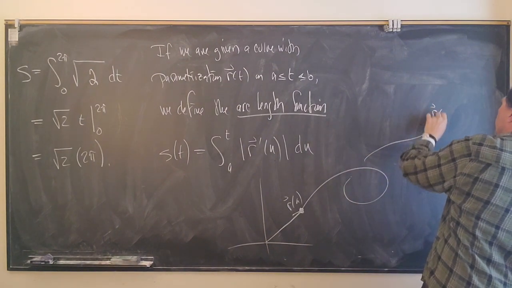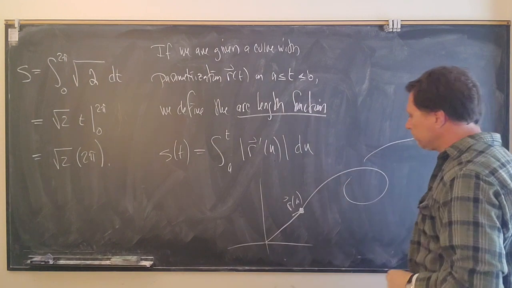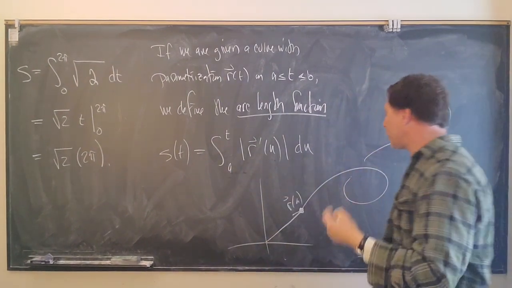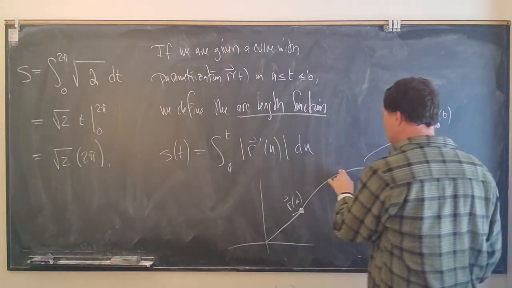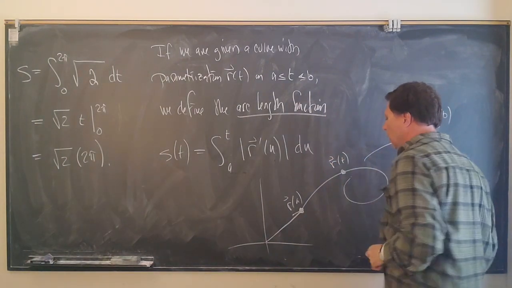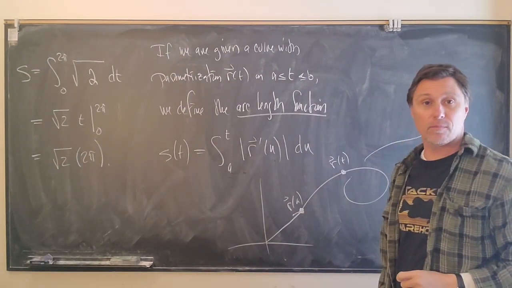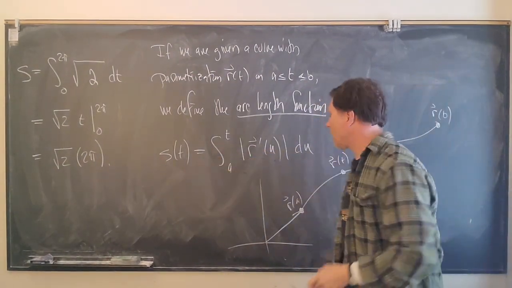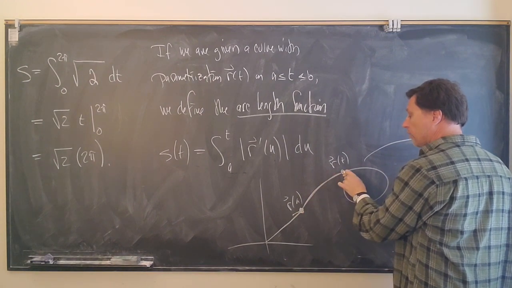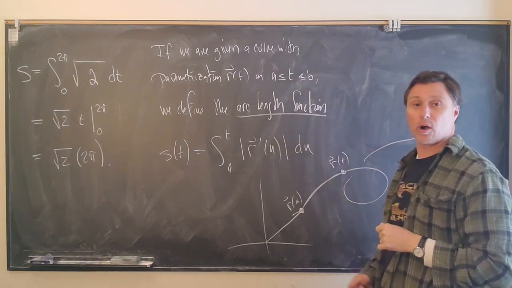So there's r of b. Now, what this function does is says, okay, tell me a value t, and when you do, there will be a corresponding point on the graph. And so the arc length function measures the length of the curve from the beginning to that point r of t.